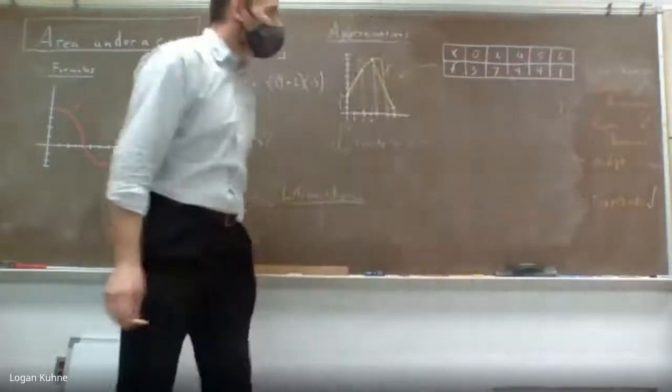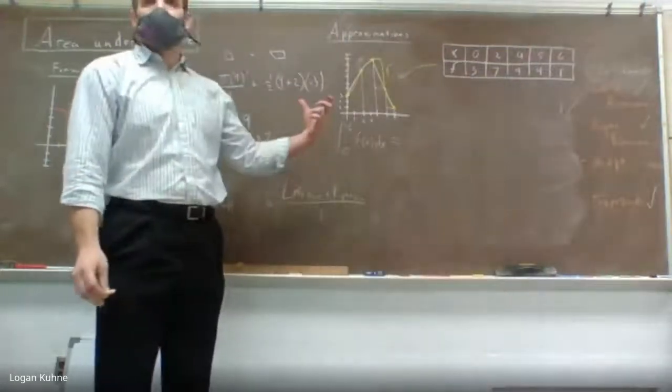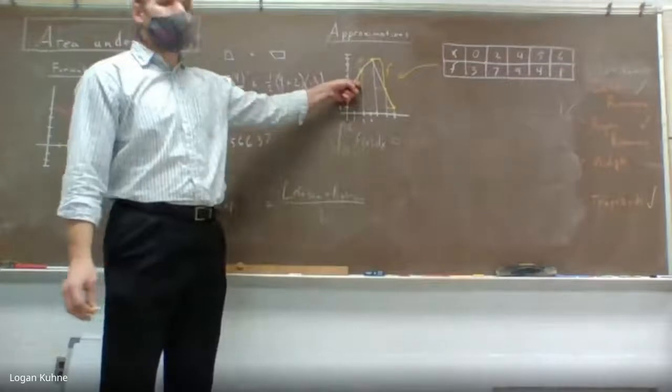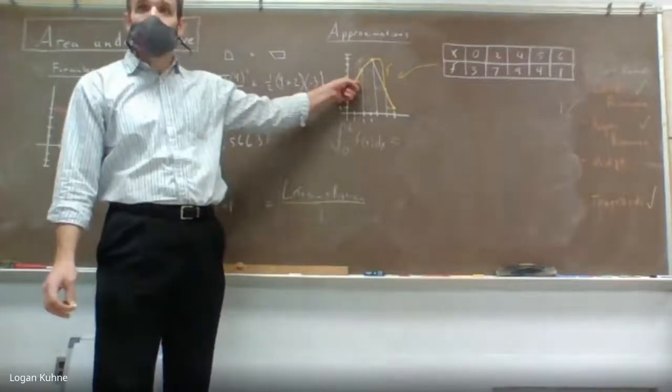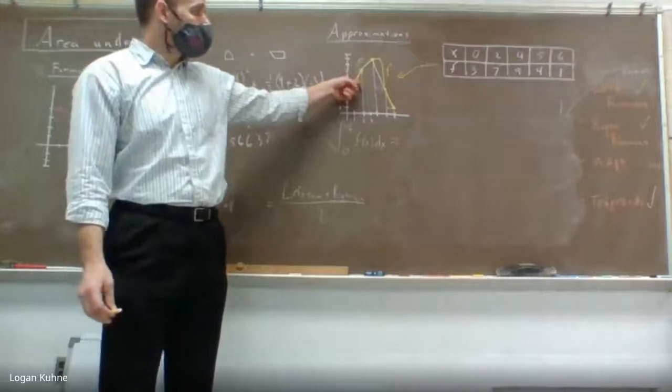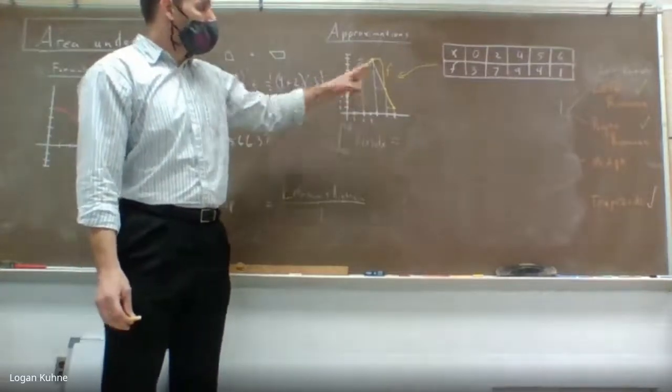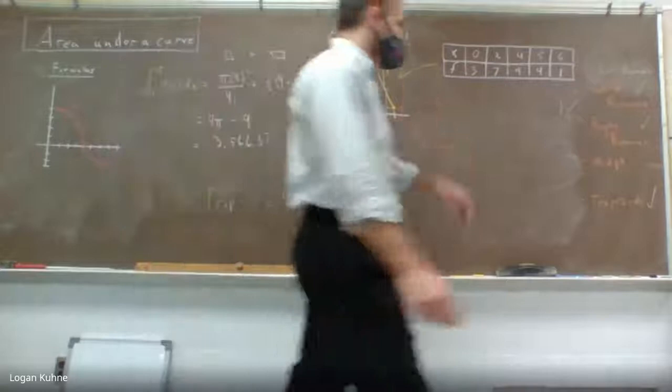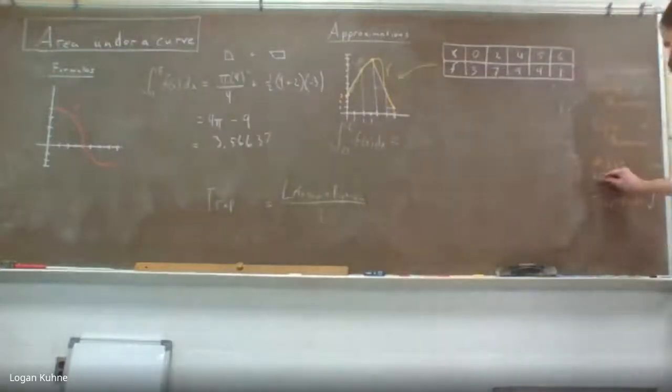The idea is do the midpoint of the interval. Well, we don't have the midpoint of this interval, do we? I don't know what that number is. So this one, I'm actually going to say midpoint using 2 subintervals.